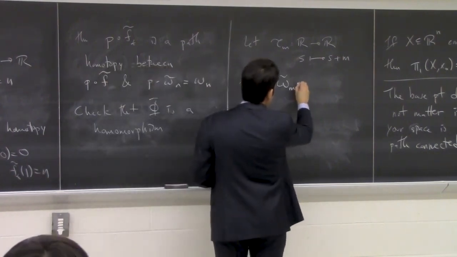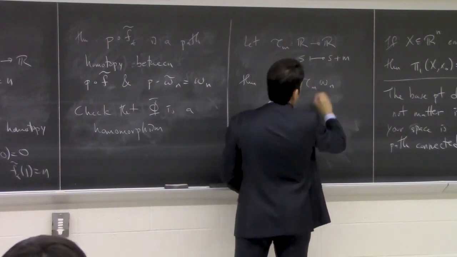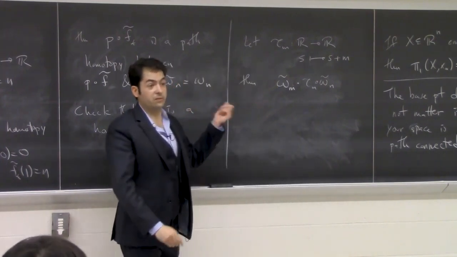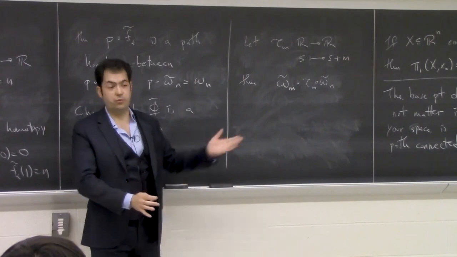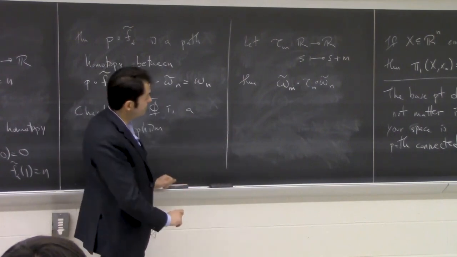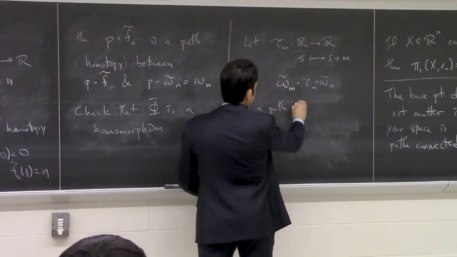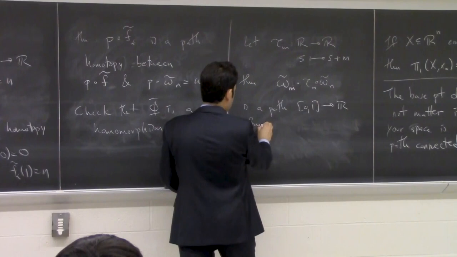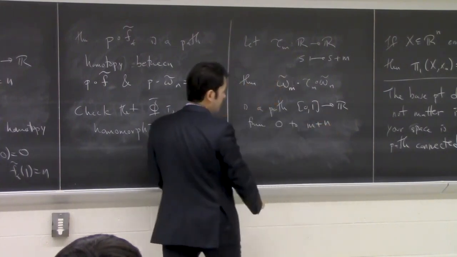So I can concatenate it with tau m composed with omega n tilde, because that is a path that begins at m and ends at m plus n. Right? But all that matters is it begins at m, which is why we translate it. Right? This is a path from 0 to m plus n.